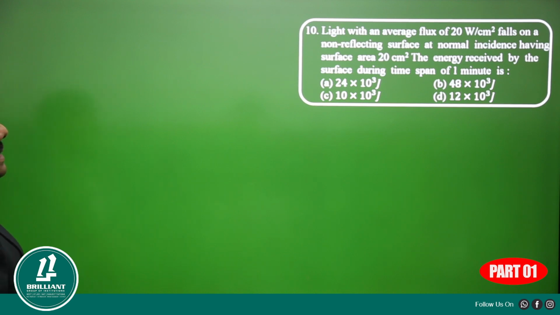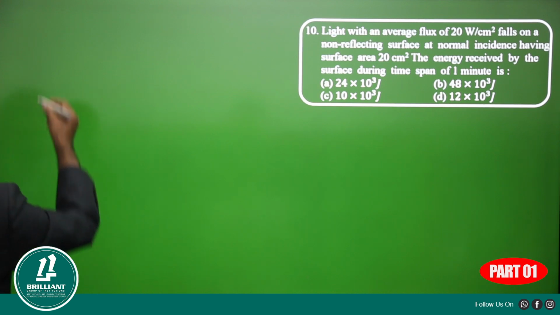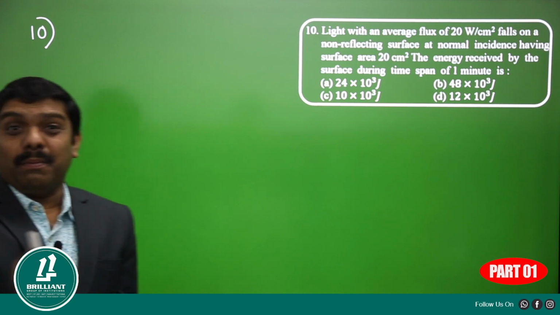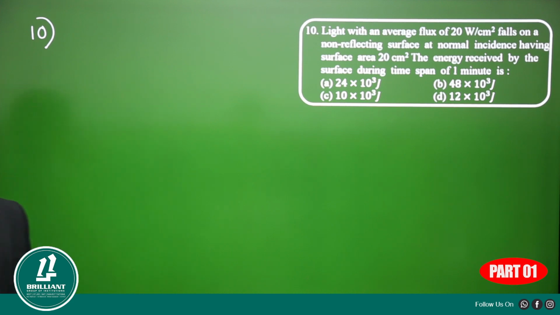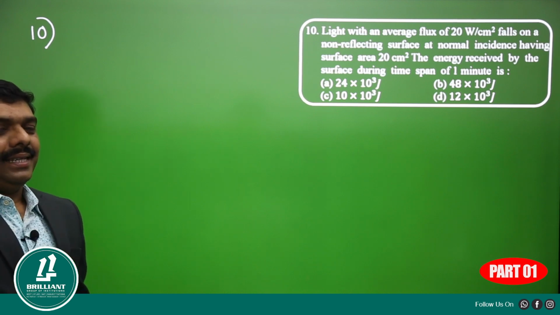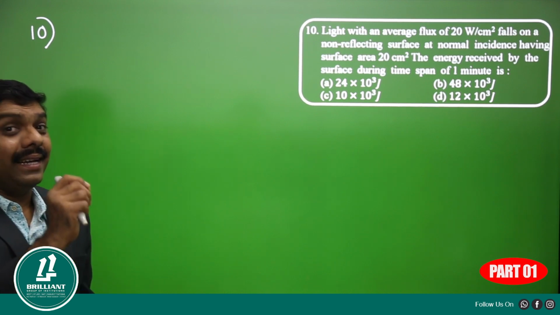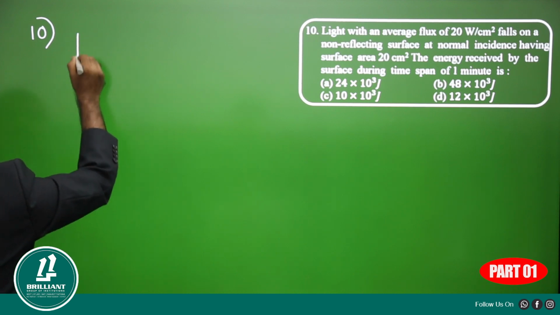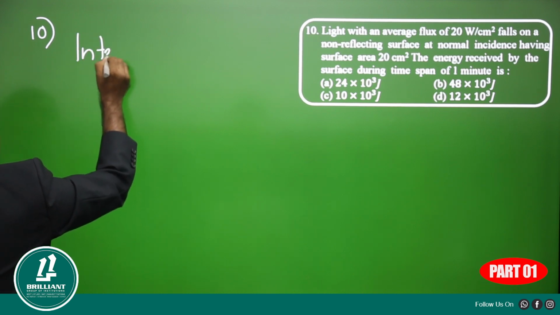The energy received by the surface during a time span of 1 minute is. This is a question in the electromagnetic wave chapter. We studied energy flux, also known as intensity of light. What is intensity of light? So, we wrote that point.